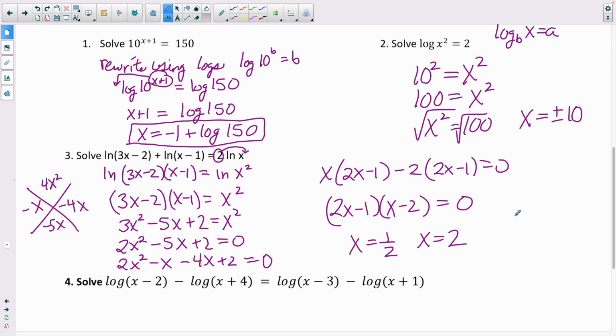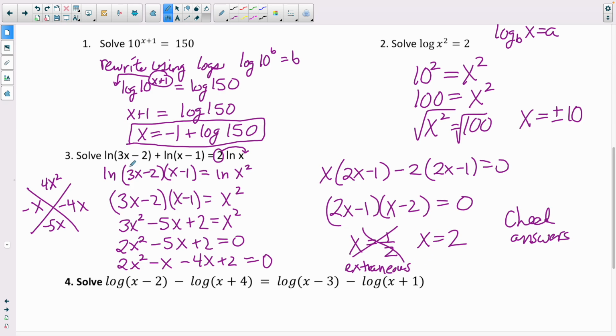And now we need to check answers. So if I plug in a 1/2, I'm going to get 1.5 minus 2. That is a negative number, and we cannot have a negative inside a logarithm. Therefore, 1/2 is not in my solution set. It is an extraneous solution.